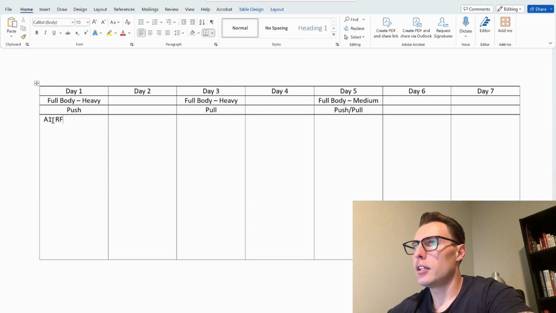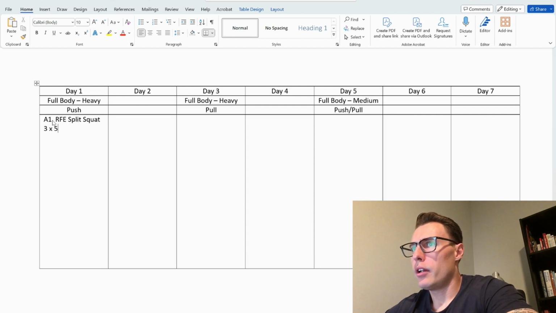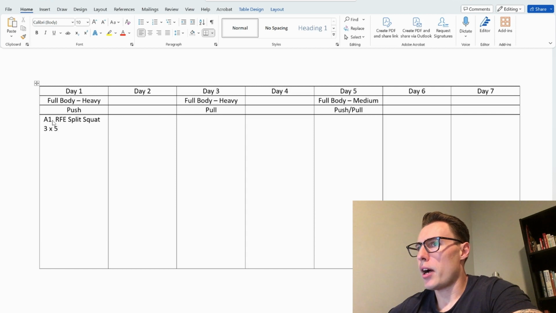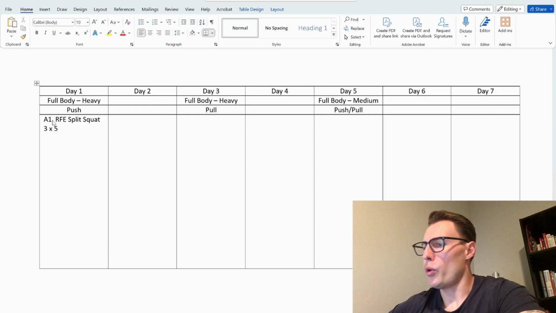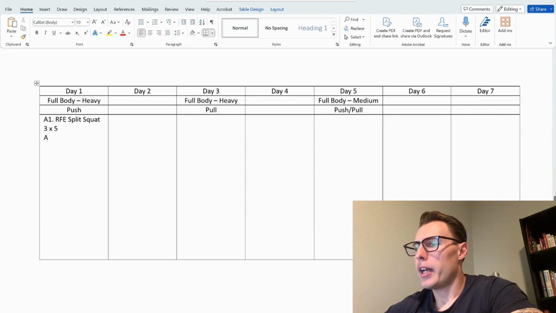We'll do that. So let's start off with the rear foot elevated split squat. Week 1, we'll do 3 sets of 5, and I'll map out the weekly progression as we continue. And then we're going to superset that.